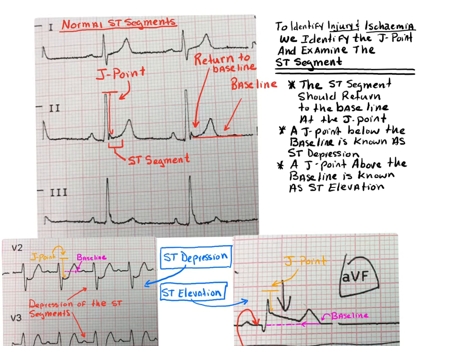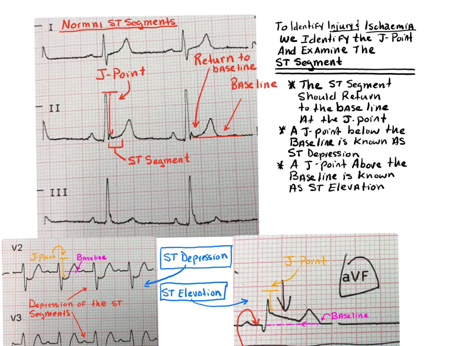All right. What we're going to do is we're going to go to the J point. The J point is where the S wave terminates, and the S wave should terminate at the baseline.